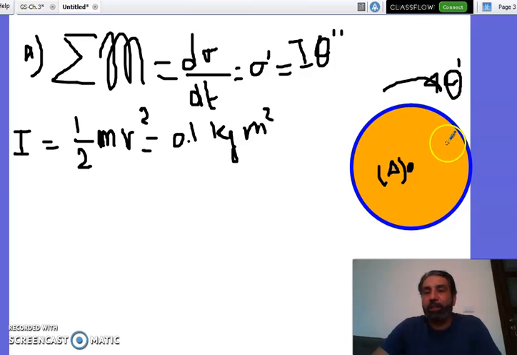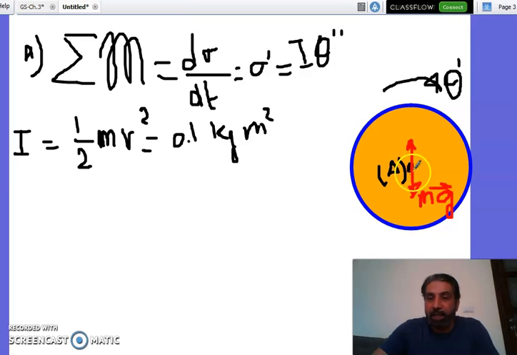Now what are the forces acting on the disk in reality? There is its weight. Let me use the color red. The weight of the disk, which is W or mg. And the reaction of the axis, because here there's a pin. You know this is called the axis, which is a nail or a pin.